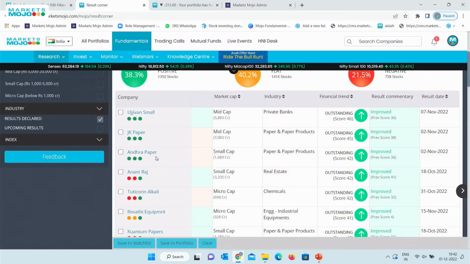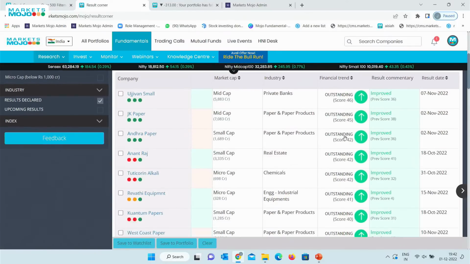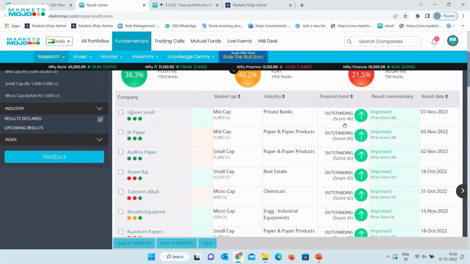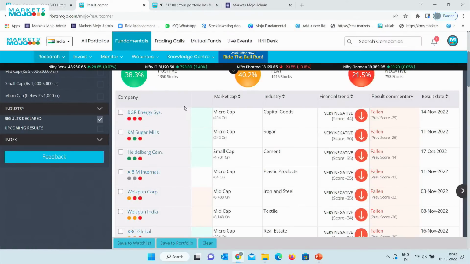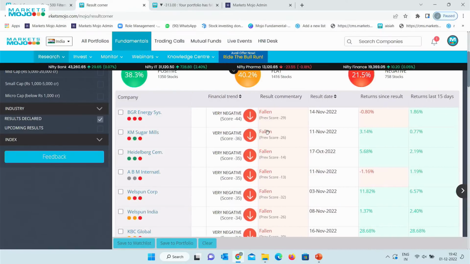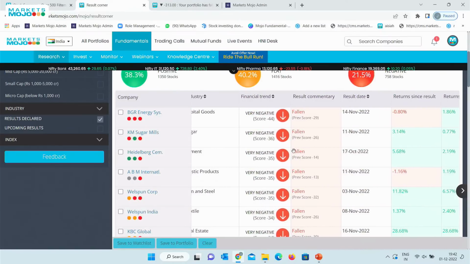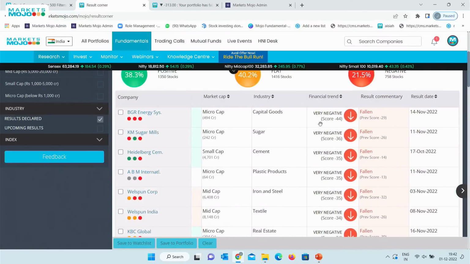There's also JK Weber, and you all might be aware of these particular stocks, some of the Mojo professional investors. These are our top rated stocks. So 46 is towards 50, the highest, and if you see below, I think it's minus 45. These are companies you'll have to be really aware of, because they've all fallen, and you can look at the result commentary. They are actually poor performing companies.